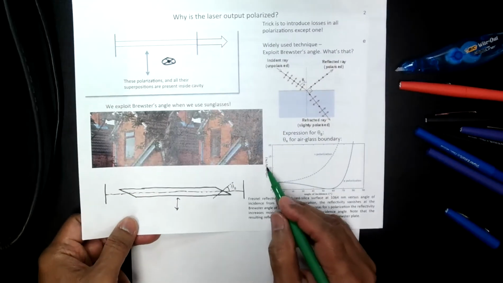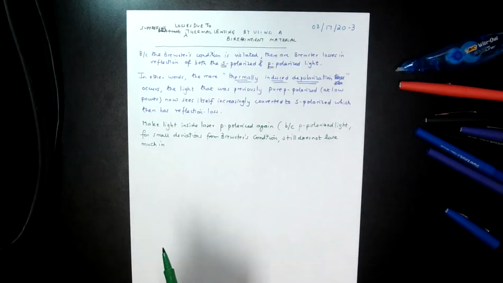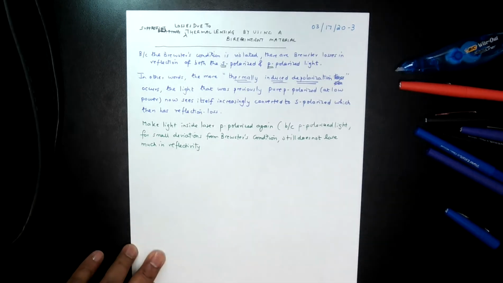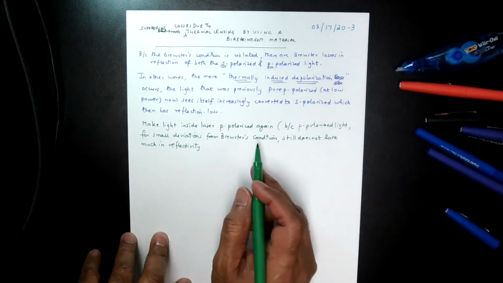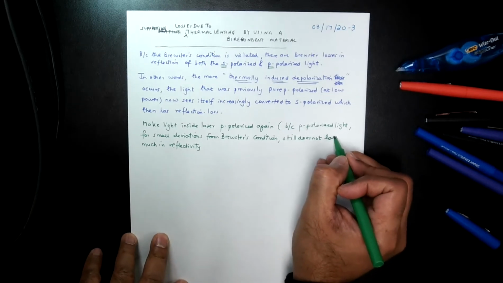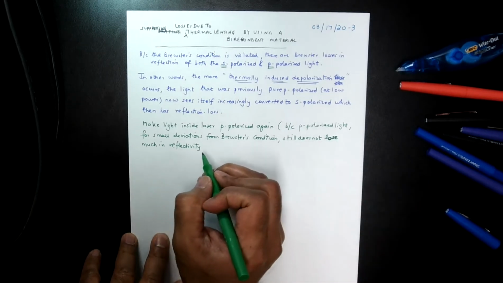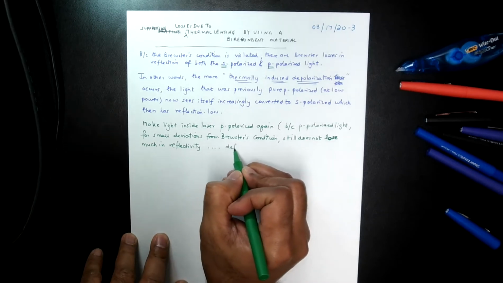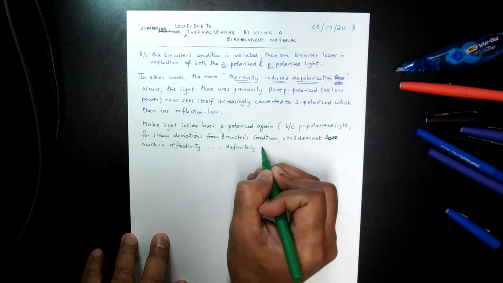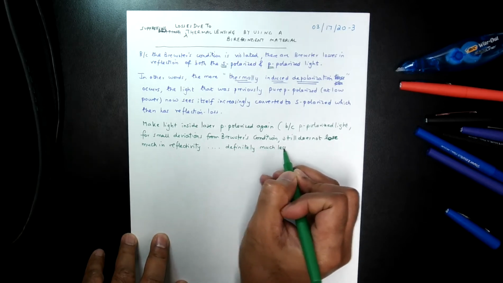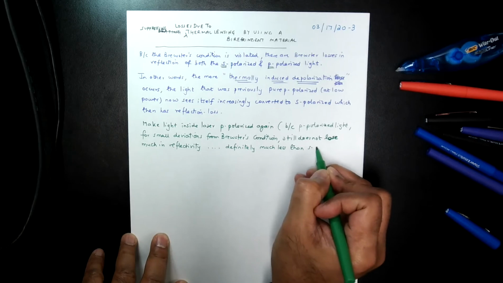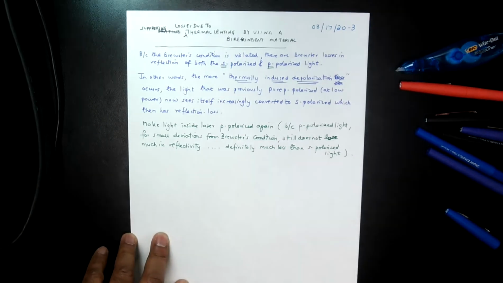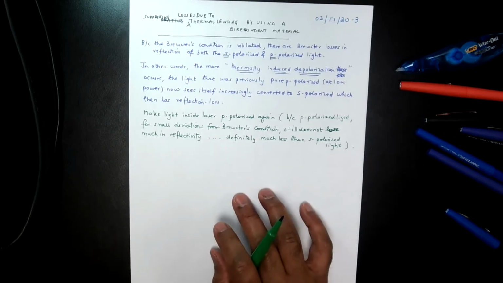There's the reflectivity versus the angle. P polarized light for small deviations from Brewster's condition still doesn't lose much in reflectivity, definitely much less than S polarized light. So we want to keep the light P polarized.